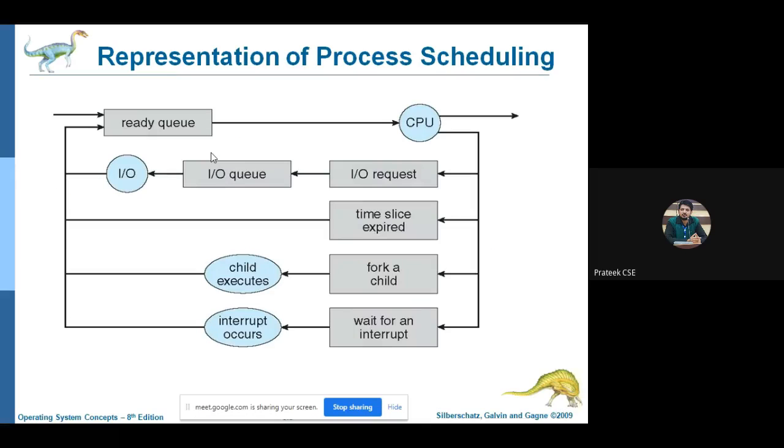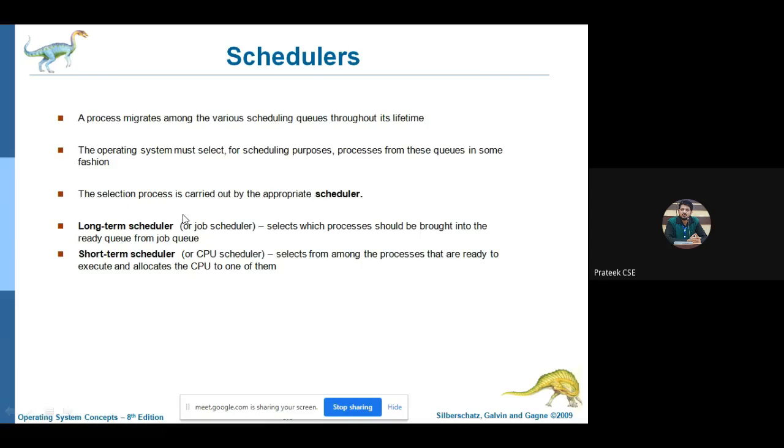There will be some procedure, some logic, some algorithm. If I have 10 different processes from P1 to P10 in this ready queue, the scheduler will select any one process, either P1 or P2 or P10. Which process will be chosen totally depends upon the operating system, and the operating system performs this task with the help of schedulers, and the selection is carried out by the appropriate scheduler.